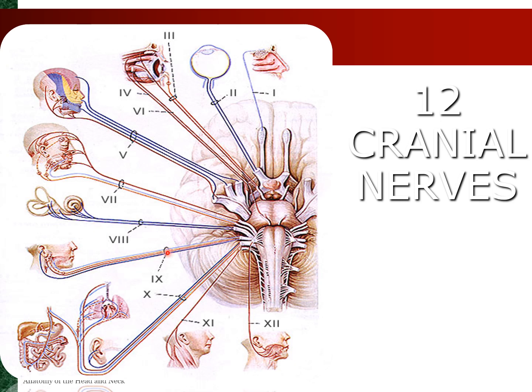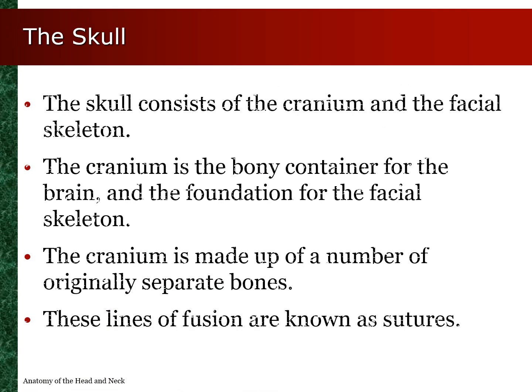The ninth is glossopharyngeal, which supplies the muscles of the tongue and pharynx. The tenth is vagus, and the twelfth is hypoglossal, along with the accessory nerve. These are the important nerves, 12 cranial nerves passing from the base of the brain, and they supply the head and neck region and different parts of the body.